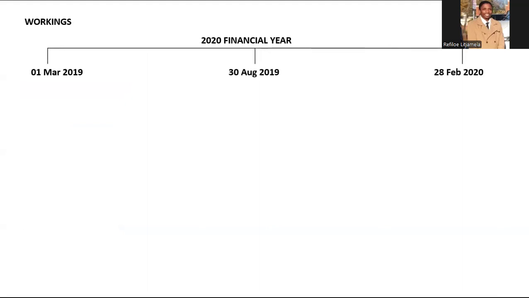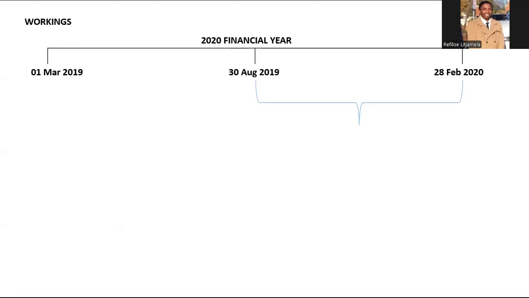This asset was purchased on the 30th of August 2019. It means that this asset was only used for this period, from when it was purchased until the end of that year, which is the 28th of February 2020, meaning that it was only used for 6 months.